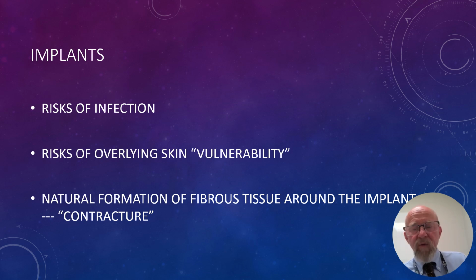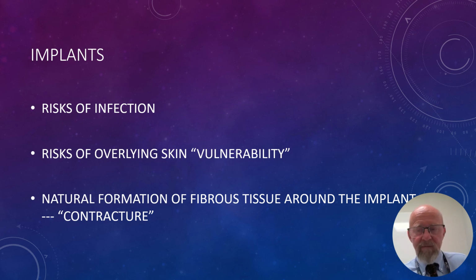And whenever a person has an implant, whether they have radiation or not, there is some risk of infection. There is some risk to the overlying skin. It's a bit more vulnerable because, after all, there's a foreign structure under it, and that skin has been brought around and on top of it. And then the implant itself can naturally induce the formation of some fibrous tissue around it.